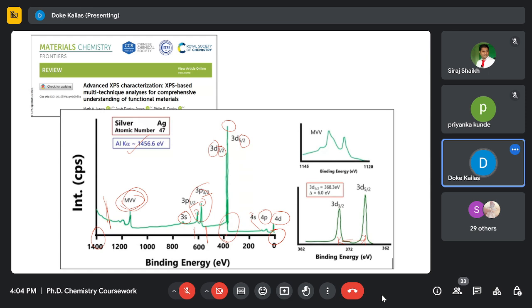So in case of the copper 2p system, the photoelectron is ejected from the 2p orbital. So the principal quantum number is 2, the 2 stands for principal quantum number 2, and the p orbital has an azimuthal quantum number 1.